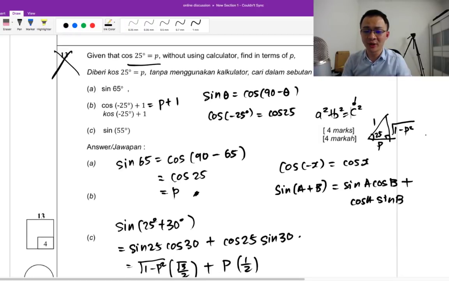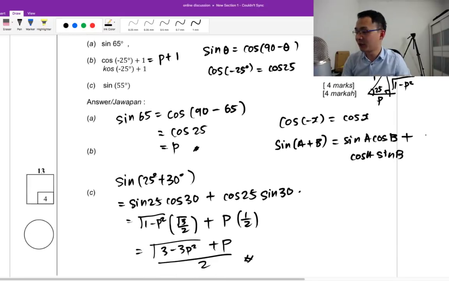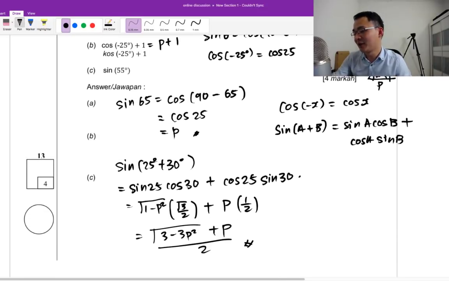Why is it square root 3 over 2? Because that one is cos 30. If you do not know this value, let me briefly brief you. You will have a triangle with sides 1, 2, square root 3, if I'm not mistaken. So here will be 30 degrees.